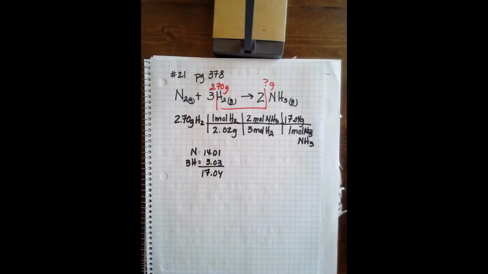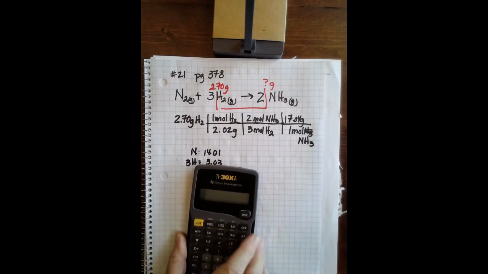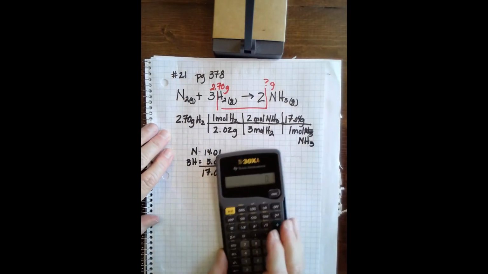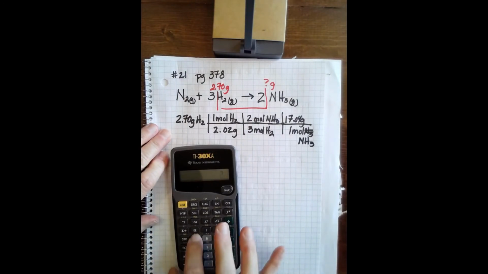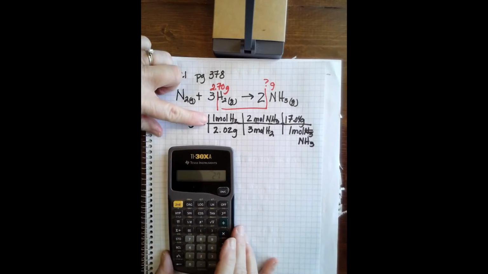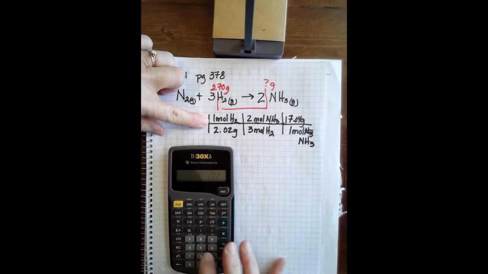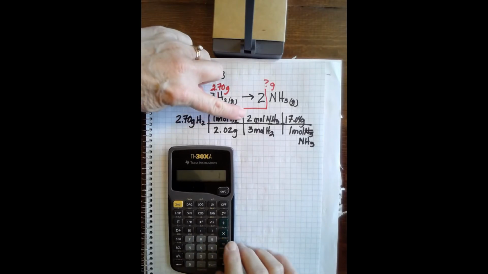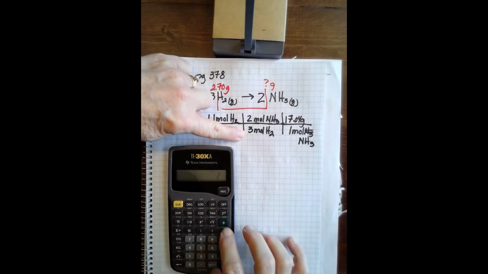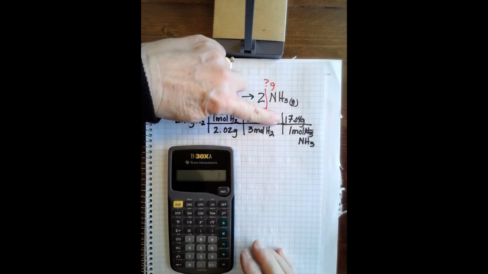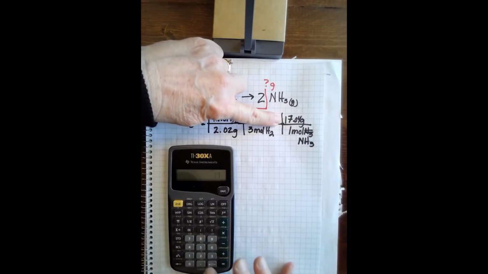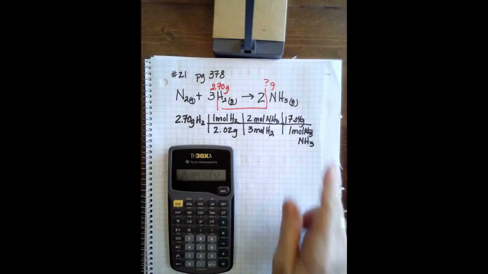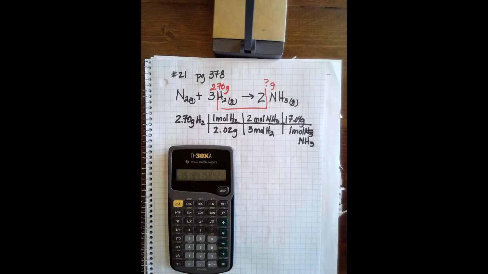Now I'm ready to put my marker down and grab my calculator. So this is 2.7 divided by 2.02. I could say times 1, but that's an identity, so I can just keep going. Times 2 divided by 3 times 17.04 equals, and I don't have to say divided by 1 because that would give me the same thing.